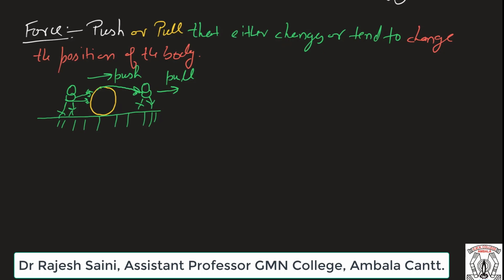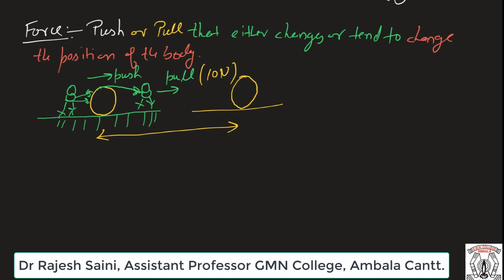So force is a push or pull that either changes. Either changes means if we apply a push or pull upon this body, say we are applying a pull of say 10 Newton, and we are able to displace this body from this position to over here with our efforts. So this is displaced by that much distance.